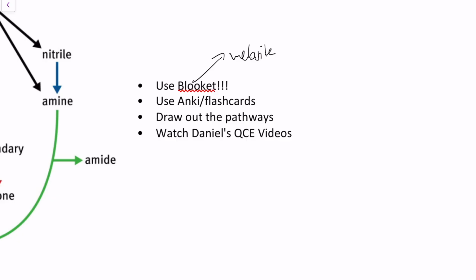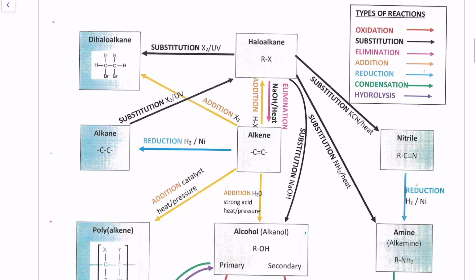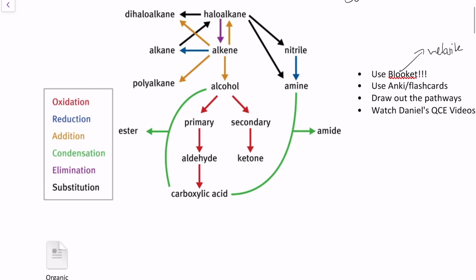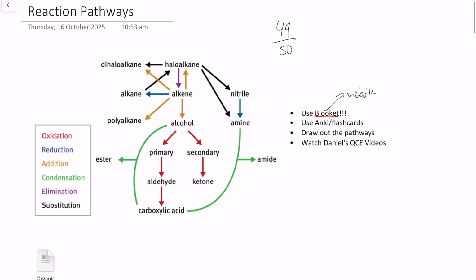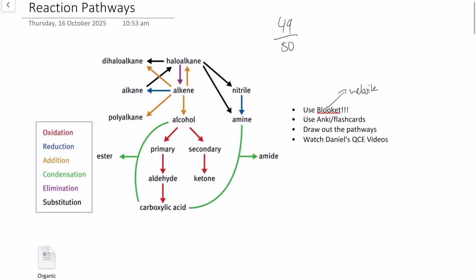For example, it might ask you, what are the reagents for substitution from a haloalkane to a dihaloalkane? And one of the options, which is correct, is X2 and UV light. And so if you click that one, then you progress through the game, right?